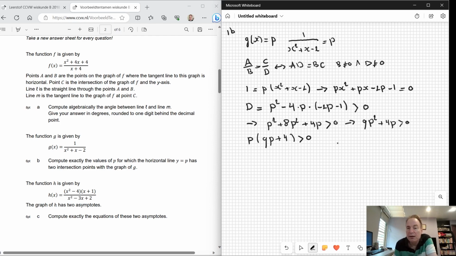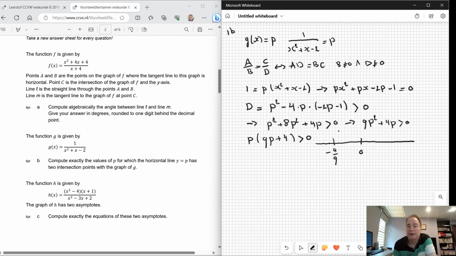So we can just write a number line and look at the 0 points. So one is 0, and the other is minus 4 over 9.